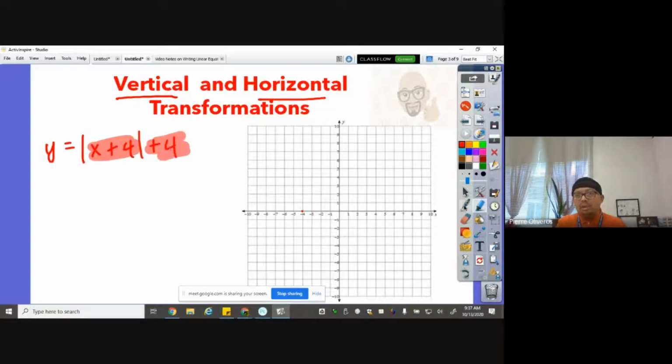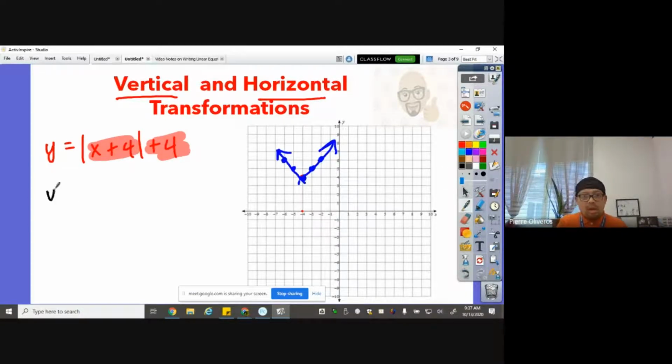It's positive 4 outside. That means you're going to go up 4. Boom. So that point there is your vertex. And then you're going to go up 1 over 1, up 1 over 1, reflection, connect them, and that's your graph. Sorry, it's kind of crooked there, but you just connect them.